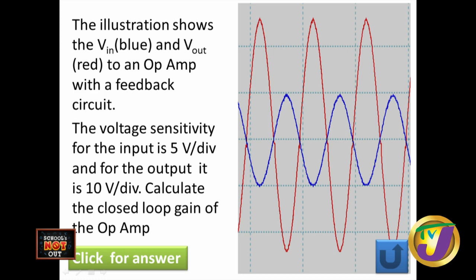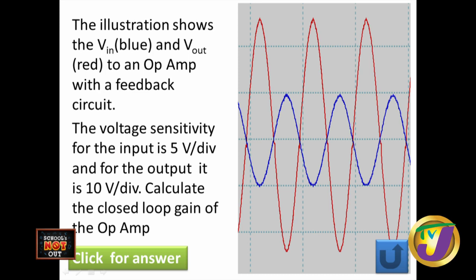Regarding the voltage sensitivity, these are the divisions: 1, 2, 3, 4, 5, 6, and so on. For each division, the height of the blue trace is 5 volts, and for the red, it's 10 volts per division. So it is asking, what is the closed loop gain of the op-amp?